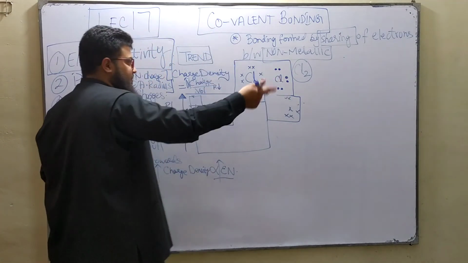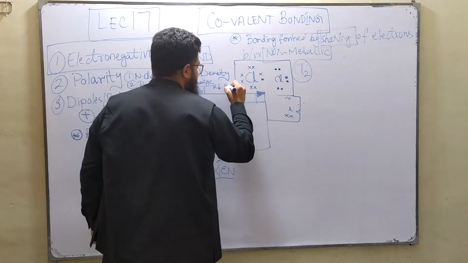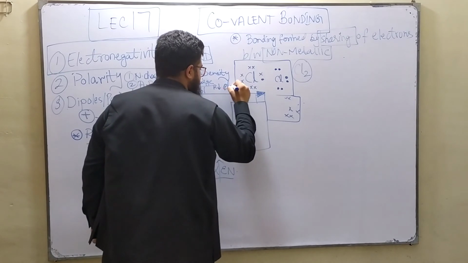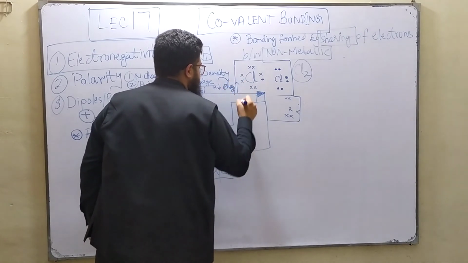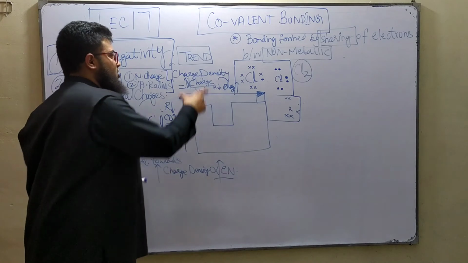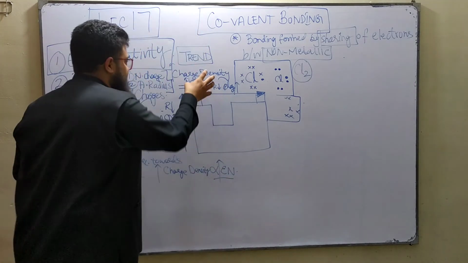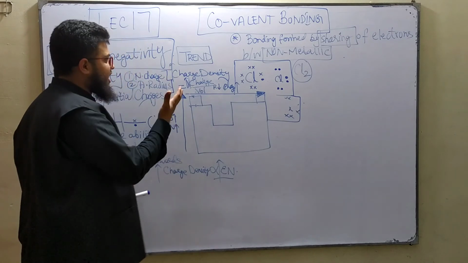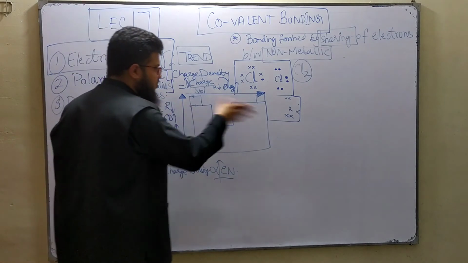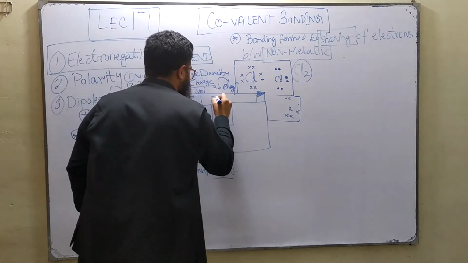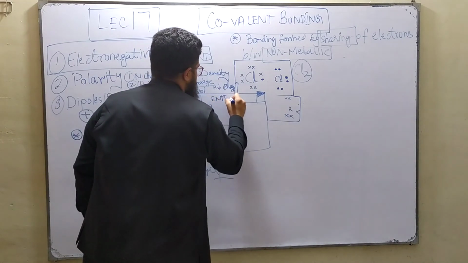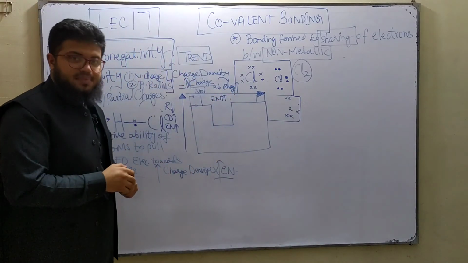As you go across the period, the proton number increases, meaning the nuclear charge is increasing. So there is a double effect, meaning the numerator is increasing and the denominator is decreasing. That means the charge density has to rapidly rise as we go across the period. Therefore, electronegativity will also shoot up as we go across the period.